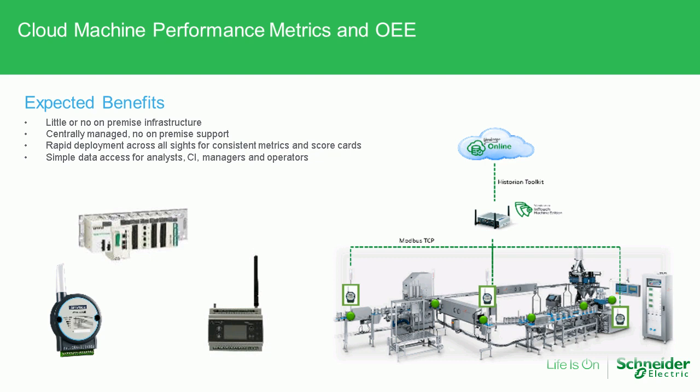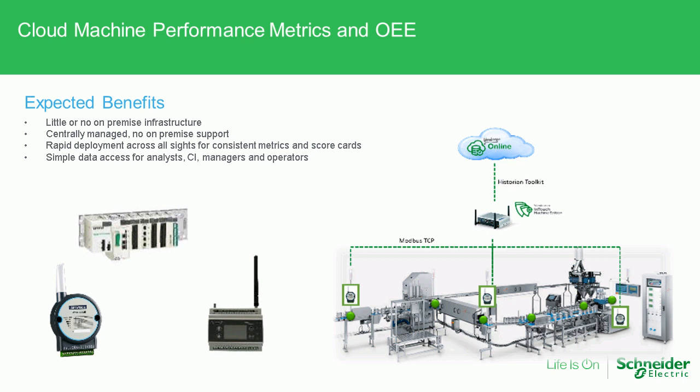Like I said, they have enough instrumentation for control purposes, but not really for efficiency or OEE purposes. So you can add additional information or sensing to those lines. You can push that data directly to the cloud and then do performance metrics, KPIs, OEE, etc., up at the cloud level without having to put any additional infrastructure on premise.